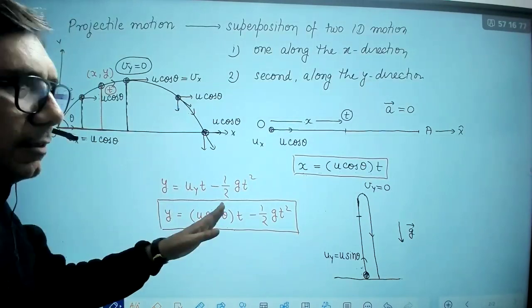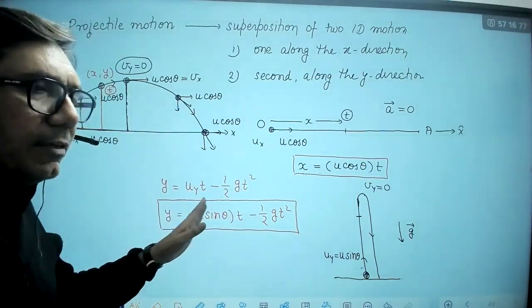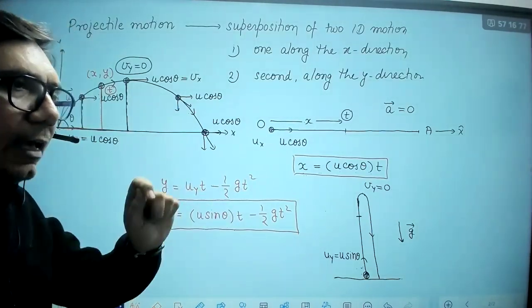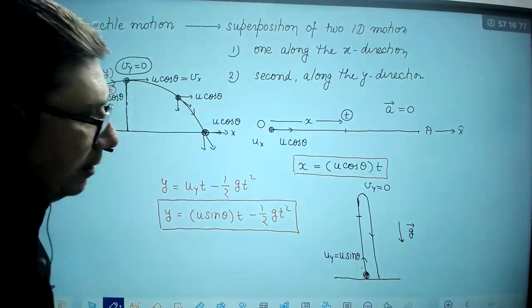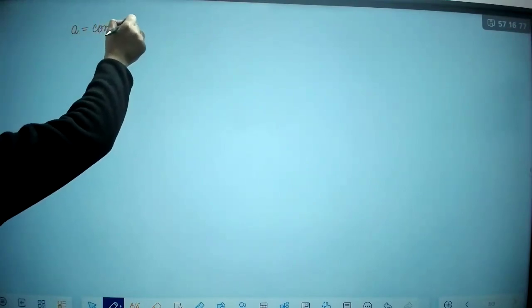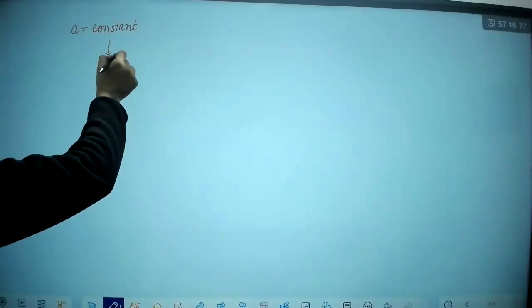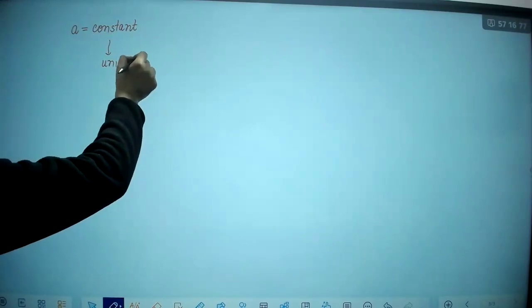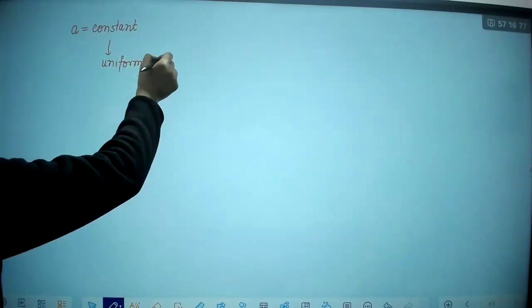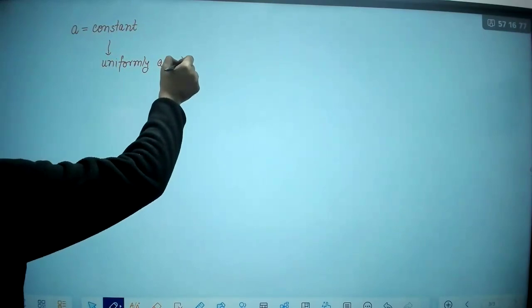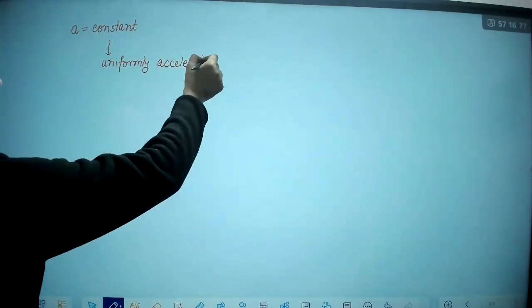This is an equation for 1D motion when acceleration is constant, or uniformly accelerated motion.